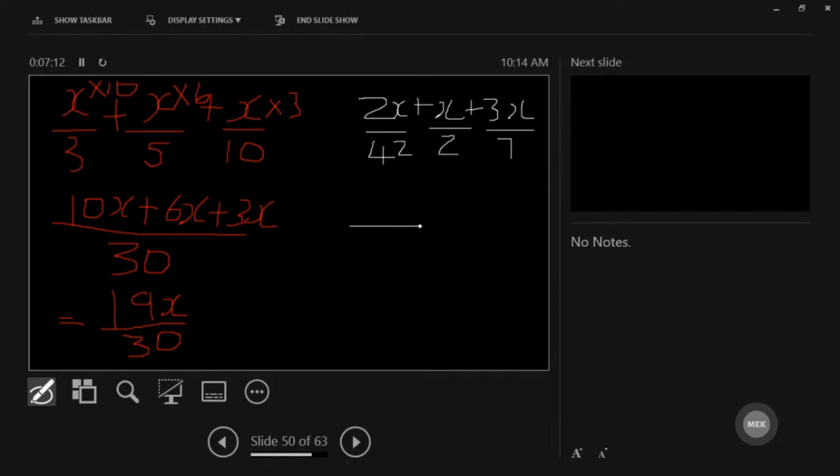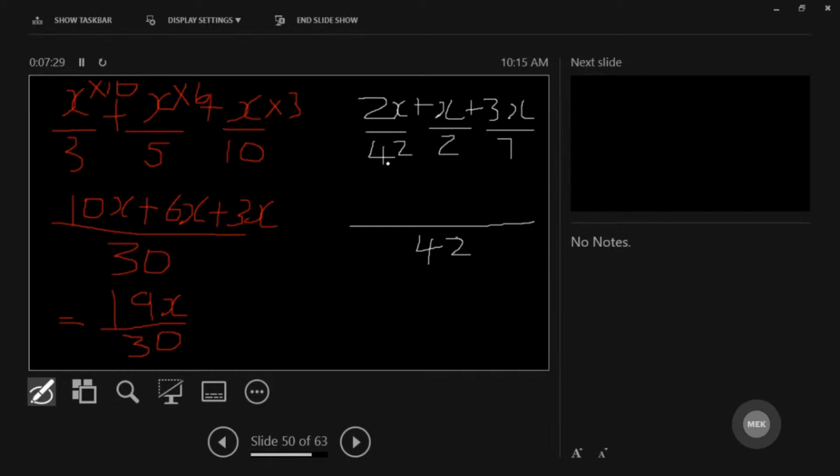So we know that the LCM is going to be 42. The LCM of 2, 7, and 42 is 42.